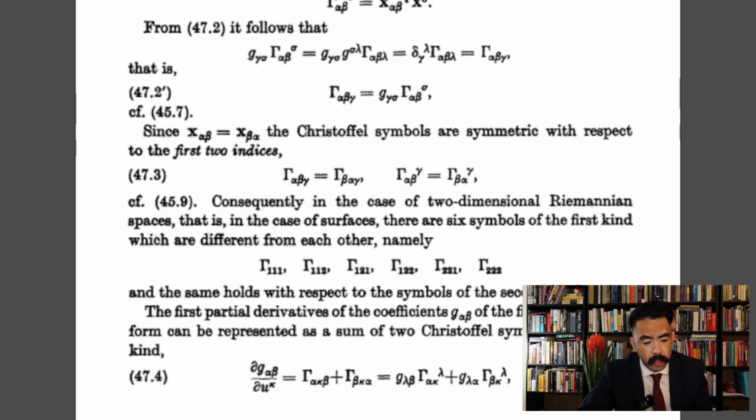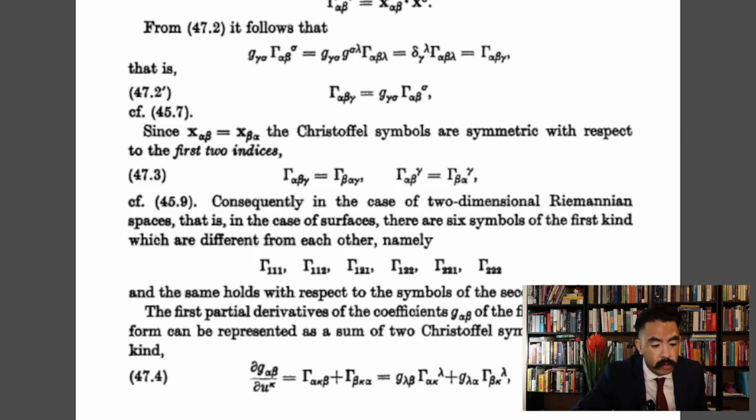Since x_αβ = x_βα, the Christoffel symbols are symmetric with respect to the first two indices. Namely, Γ_αβ,γ = Γ_βα,γ, as well as Γ^γ_αβ = Γ^γ_βα. See again the symmetry of Christoffel symbols with respect to their first two indices stated 2 sections earlier.